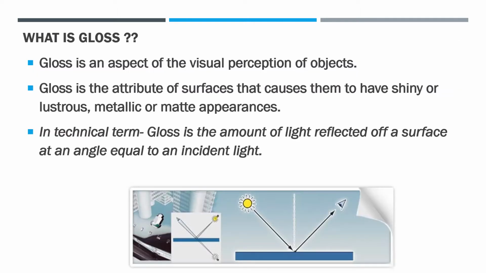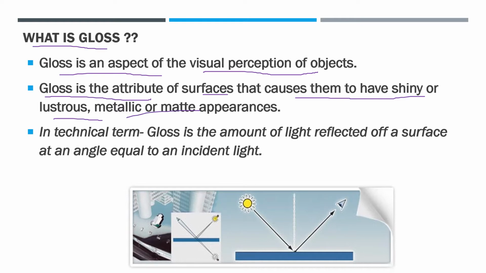So next, moving ahead, first we'll discuss what gloss is. Gloss is an aspect of the visual perception of objects, meaning how objects look and how they reflect light to our eyes. In other words, gloss is an attribute of surfaces, a quality that causes them to have a shiny, lustrous, metallic, or matte appearance.